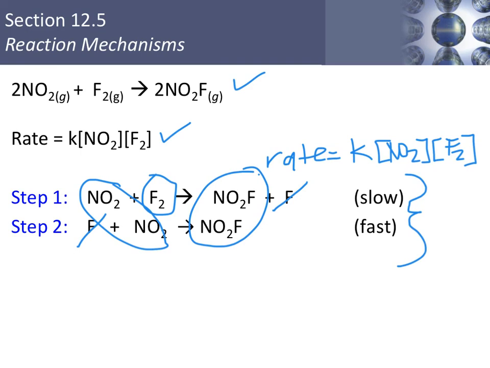And this is how we write the rate law for a bimolecular step that has two different reactants. Now this rate law does match the overall rate law for the chemical reaction, so we have met the second criteria. Remember, other mechanisms for this overall reaction could be possible. And in a later lesson, we're going to discuss what happens if the rate determining step, the slow step, is not step 1.